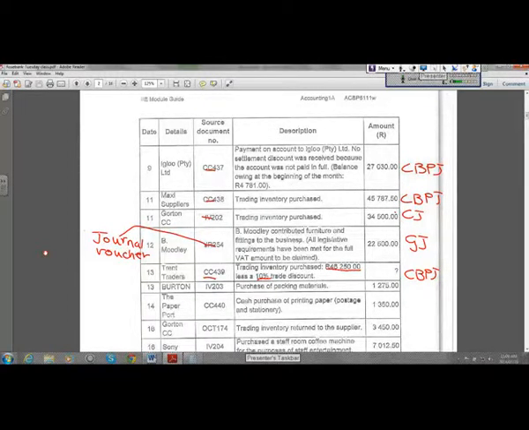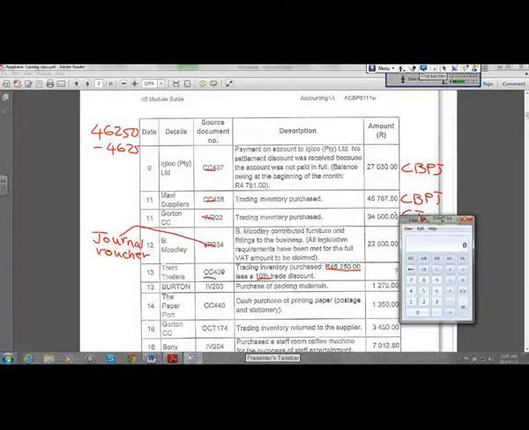So we're going to have 46,250 minus 10% of 46,250, which will be 4625. We'll use our lovely magical calculator to work out how much is supposed to be in there. I'm sure many of you have got a calculator like this.